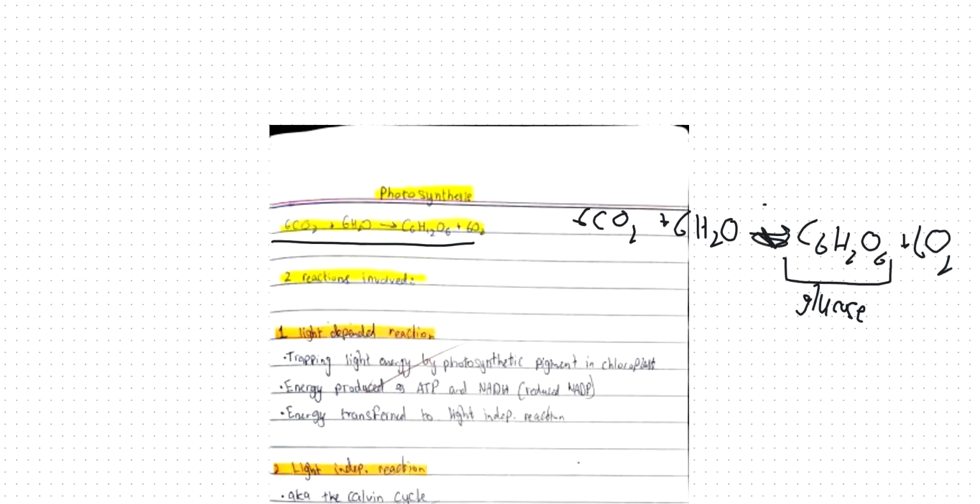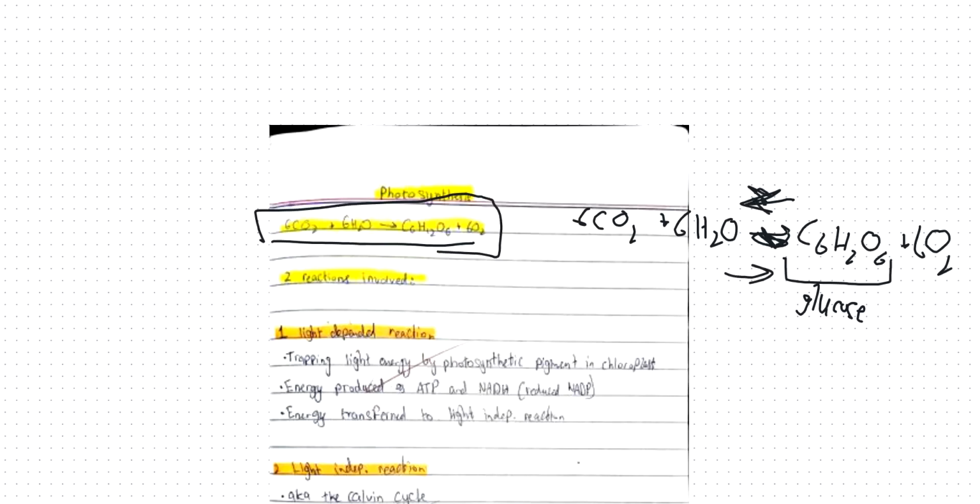So it's not this way, it's this way. 6 molecules of oxygen reacting with glucose would make you water and carbon dioxide. This is respiration. So carbon dioxide is used in photosynthesis, and in respiration, you use oxygen. So this is the photosynthesis equation. You have to memorize this.